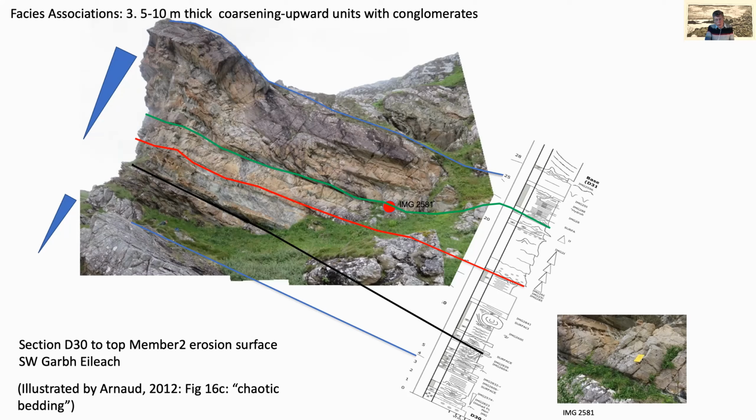In the log, you'll notice a load ball, which is about a meter in diameter on the foreshore. So there's, again, rapid deposition, dewatering, and sediment sliding on these mouth bars.